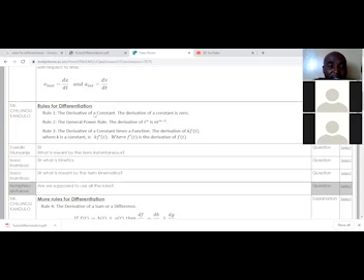Remember that x is the independent variable in maths. But for physics, we use t. So that's why I changed some of the formulas to t. But I've kept some as x because I didn't have time. I was rushing to this Zoom meeting.